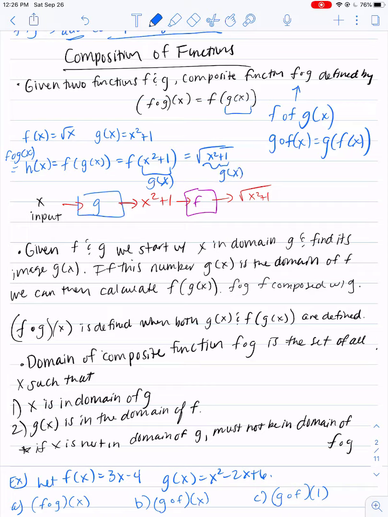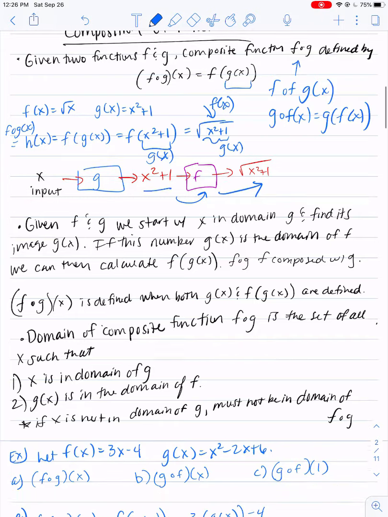So this part is our g of x, and then our square root is our f of x part. So our original x input goes into g, and then it comes out as x squared plus 1. We plug that into f as our x value, and then we get out the square root of x squared plus 1.